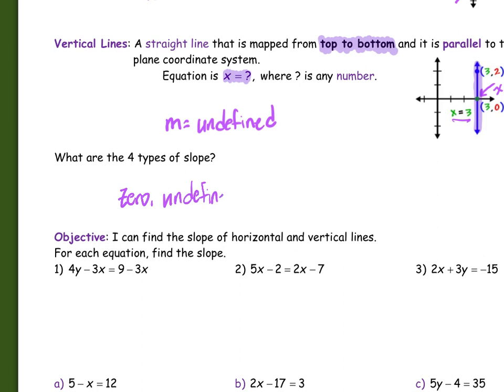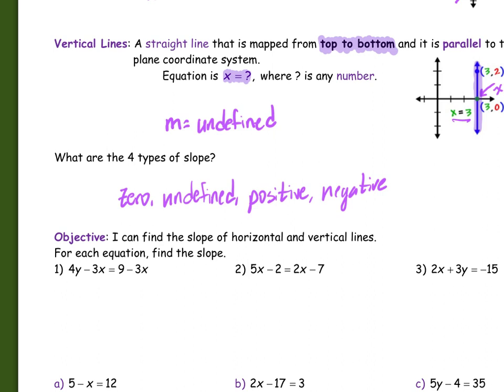Great. What are my other 2 types of slope? Positive, yep, and negative. Great, awesome. Good job, you guys. So those are the 4 types of slope. Pretty easy. Now let's go on to the next thing.